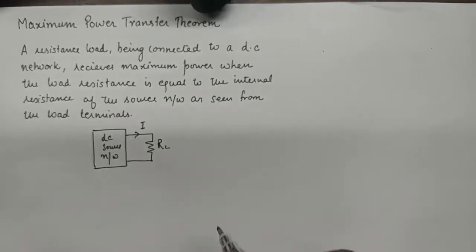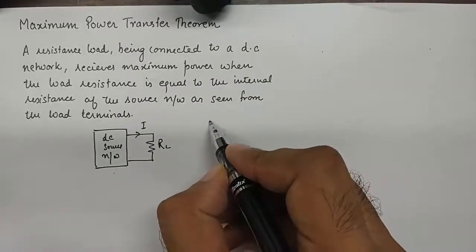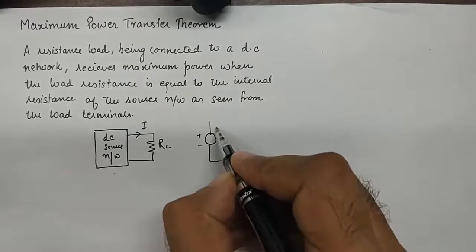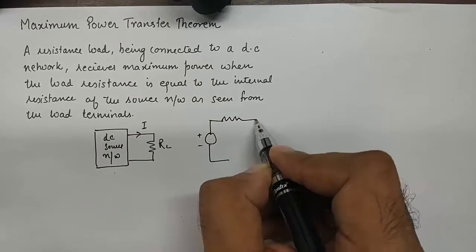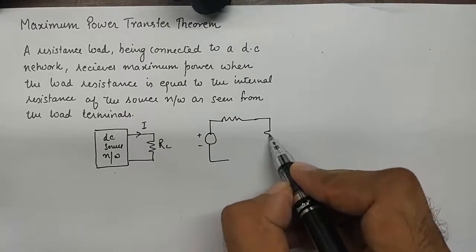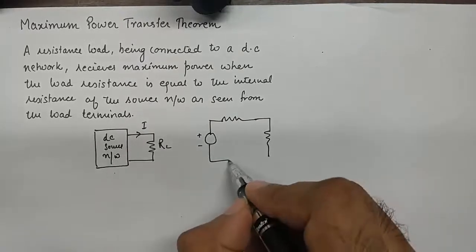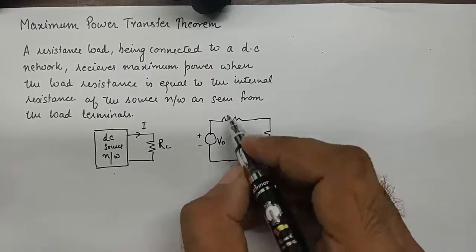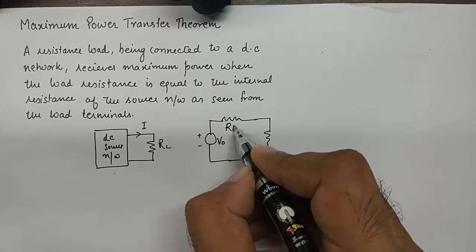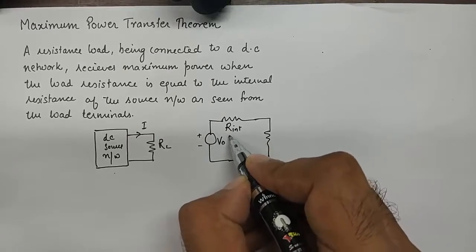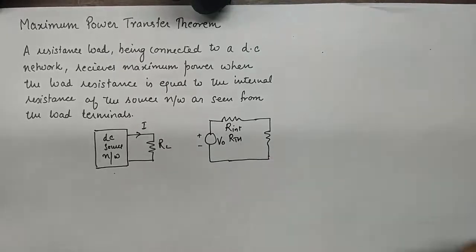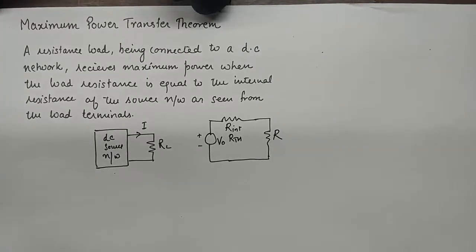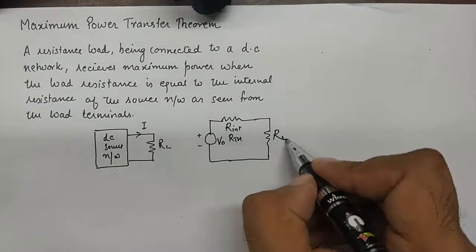And this is understood more clearly if we draw another diagram, where this block of DC source network is represented by a voltage source V0 with its internal resistance R internal, or in other words, this resistance is also known as Thevenin's equivalent resistance, and the load is of course RL.